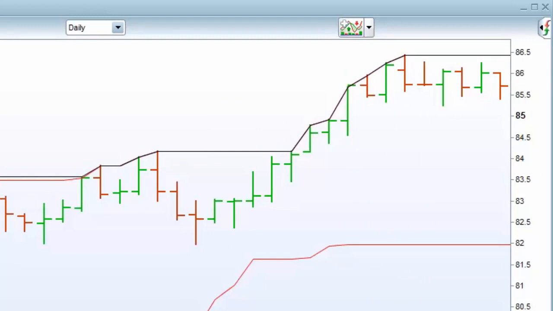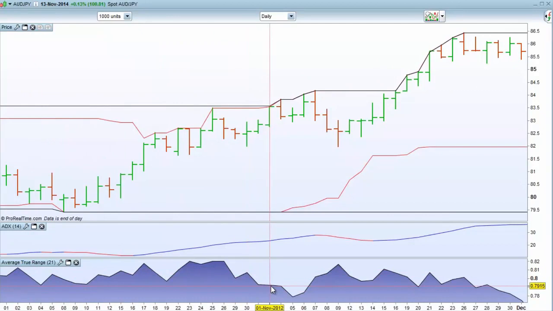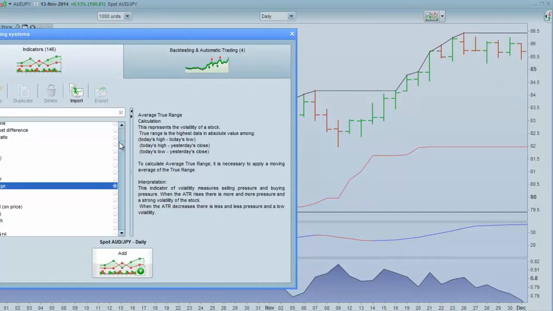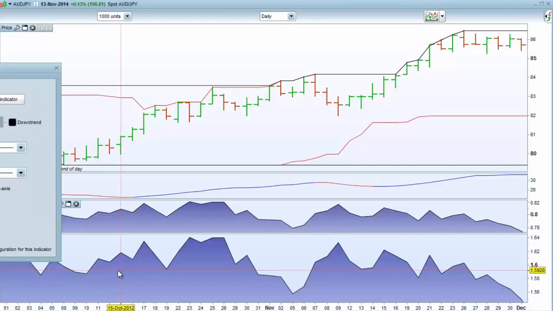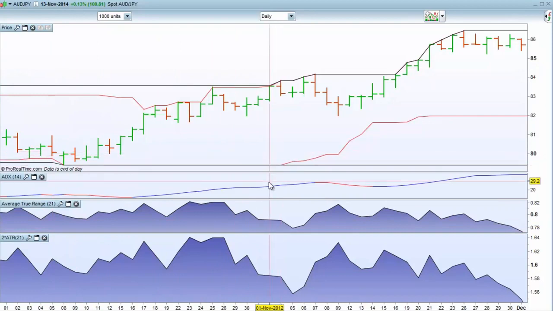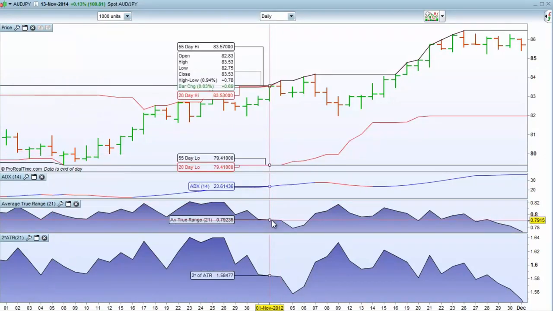Now let me make it even simpler. Now I showed you the average true range there, but this way you have to calculate the 2 times ATR yourself. So what I have is an indicator that does the calculation for you. 2 times ATR. Now you'll see that on that day here we had 0.79.